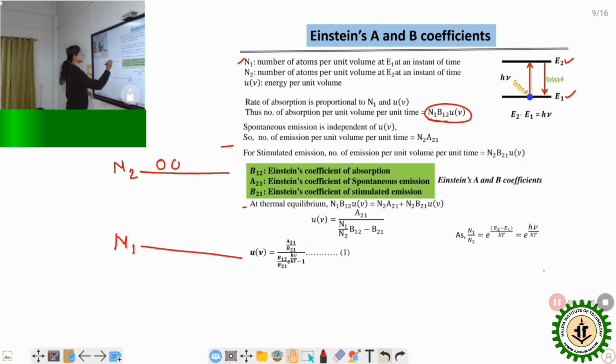How many atoms are there will give you the idea of how much radiation you will get. If you increase the number of atoms at the excited state, then you will get a higher number of emissions. But it does not depend on how much radiation is falling on it, because it is only concerned about how many atoms are at the excited state. So it only depends on the number of atoms at the excited state.